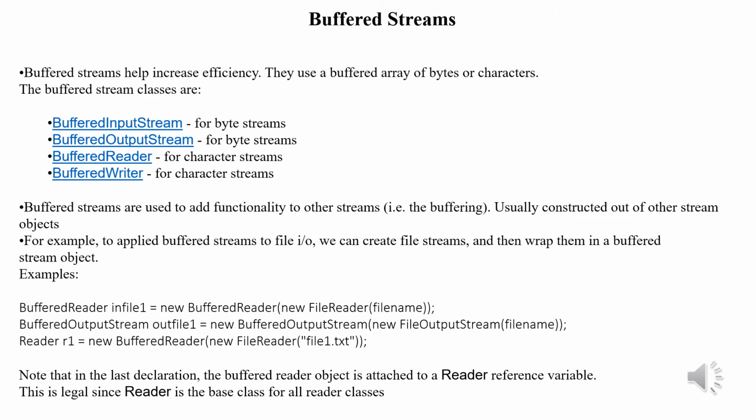There are 4 classes for buffered streams as you see here: buffered input stream, buffered output stream, buffered reader, and buffered writer. The first 2, buffered input stream and buffered output stream, are for byte streams. Buffered reader and buffered writer are for character streams.